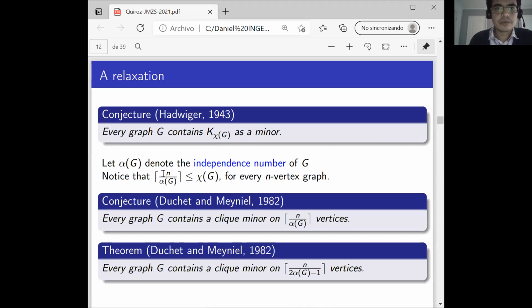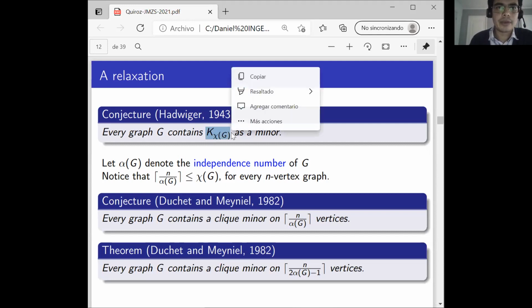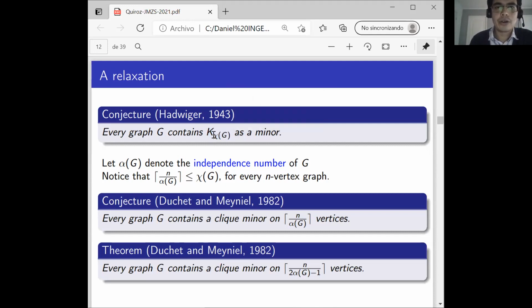So it's hard to get a complete minor on chi(G) vertices. What about something that could potentially be less? This is the conjecture of Duchet and Meyniel from 1982, that every graph contains a clique minor on n over alpha vertices.